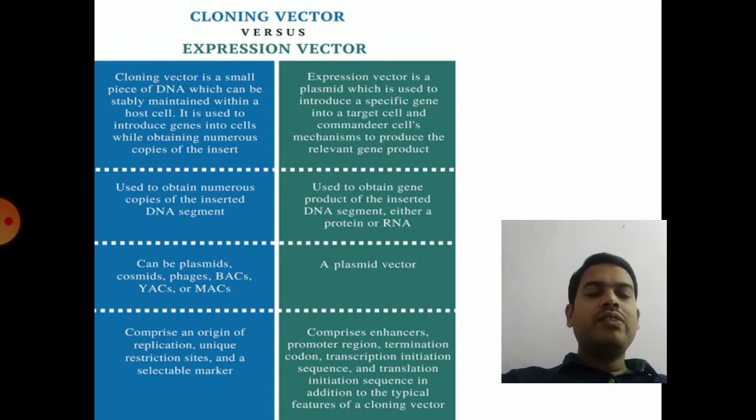For obtaining multiple copies of your foreign DNA, the vector should contain an origin of replication, restriction sites for insertion of your foreign DNA after treatment with restriction endonucleases, and a selectable marker which is used to identify the transformed cells. That we will discuss in upcoming slides.